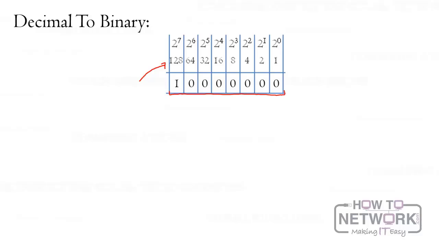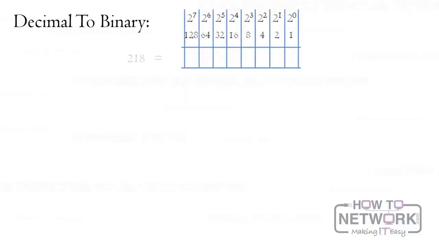Now, if we take a look at a different number, let's say the number 218, this is going to take a little more math. Does 128 go into 218? It certainly does. So 218 minus 128 has a remainder of 90. Does 64 go into 90?